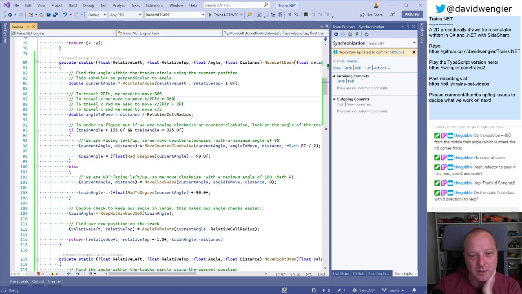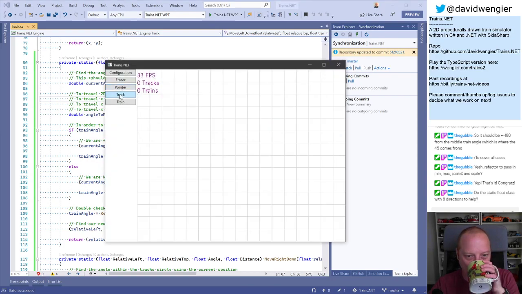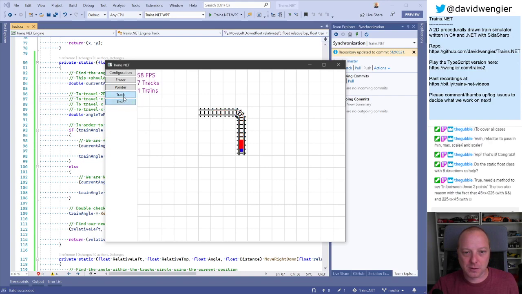Let's see if I got this right. For left down. So left down is that. That works. And then okay, so that works.